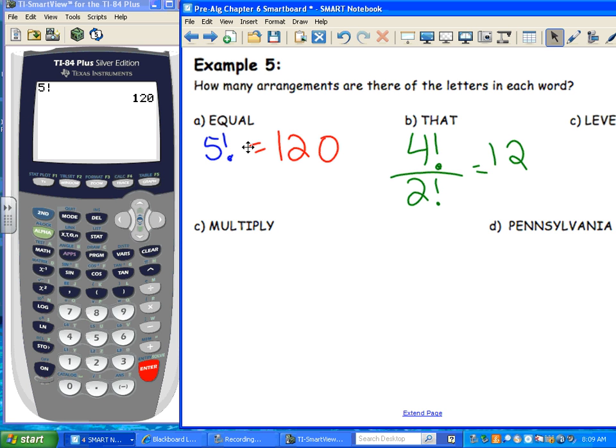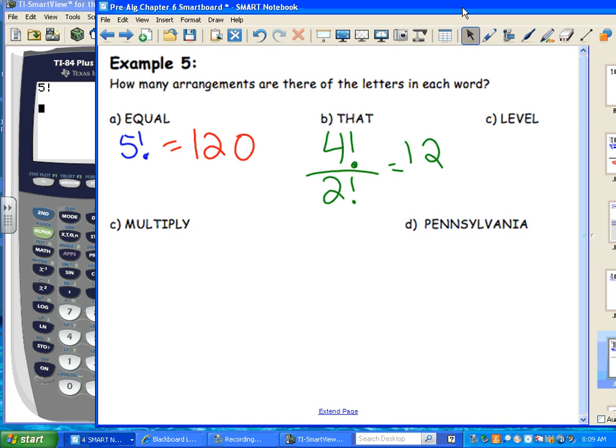So let me get to it. Nathan S. You could. Yeah, definitely. There's a couple other ways that you could solve some of these. I think with the harder ones, with the longer words, it's easier to do it with the division. You'll see what I mean once we get to Pennsylvania, but that does work.